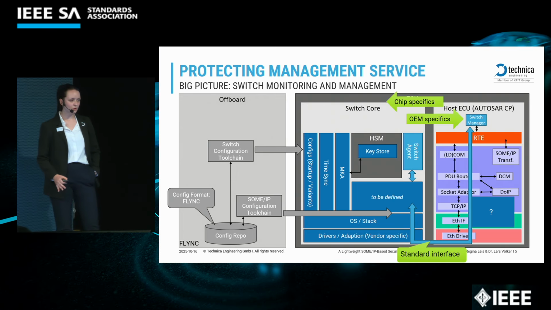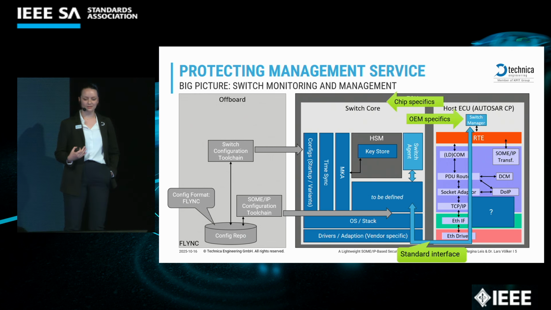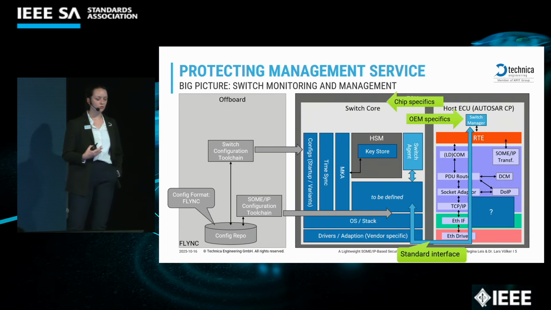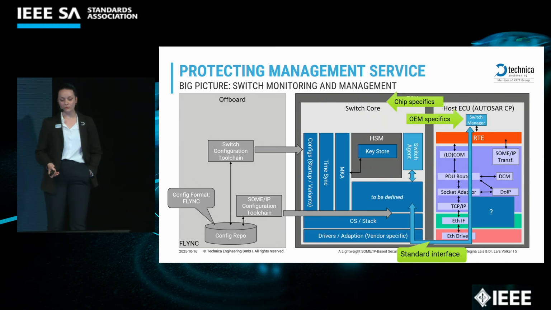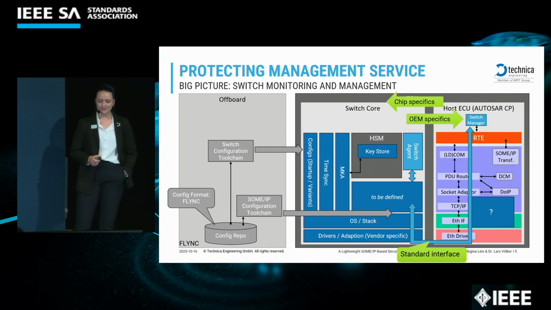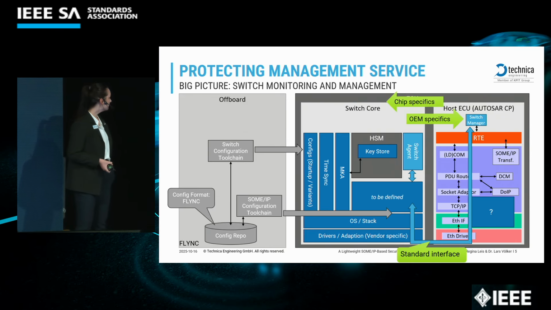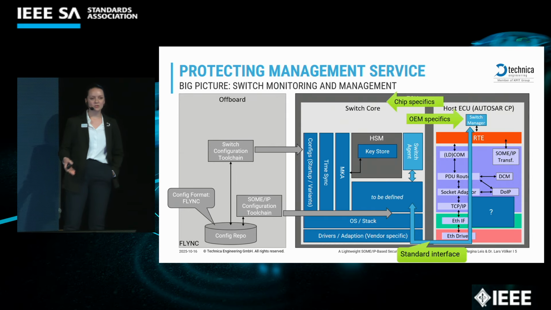In this next picture, we added a bit more detail and an example of how this could look. So we again have an ECU with a switch and a host. On the switch side, we have some configurations. In this example, we are showing FLink, which is the network configuration model from Technica. At this point, I don't want to give too many details, so we are focusing on the right side, and especially the light blue part.